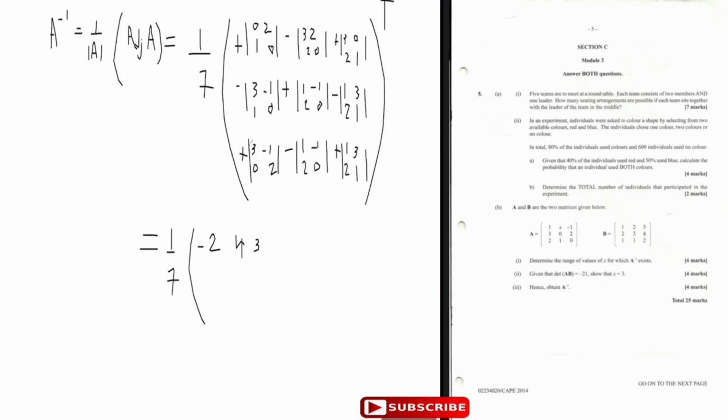Minus 1 is plus 1, but then the minus makes it minus 1. We have 1 times 0 is 0. Minus 2 is positive 2. Then we have 1 times 1 is 1. Minus 3 times 2 is 6. 1 minus 6 is 5.